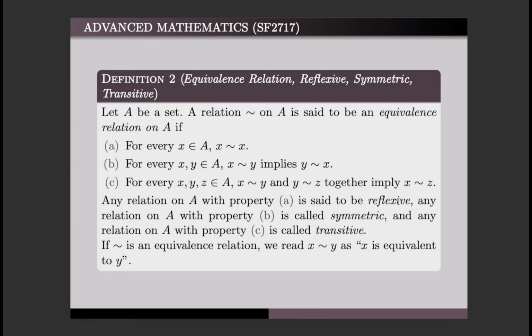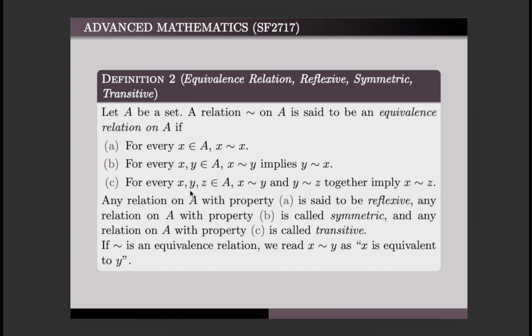I have written the words down there. So this is reflexivity, reflexive. The second one is symmetric. What does it mean? It means that if you choose any pair x, y in A and you see that x is related to y, then you can also see y is related to x. Okay? And the other one is called transitivity.